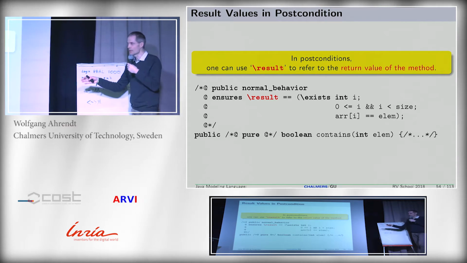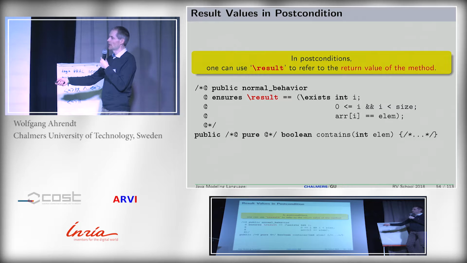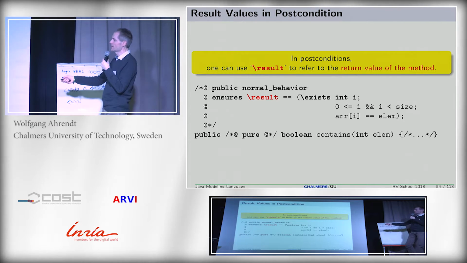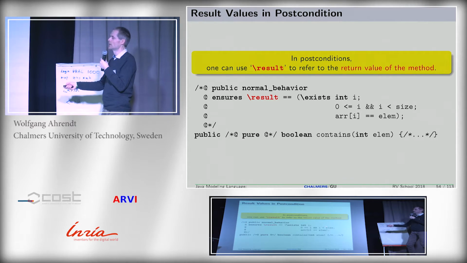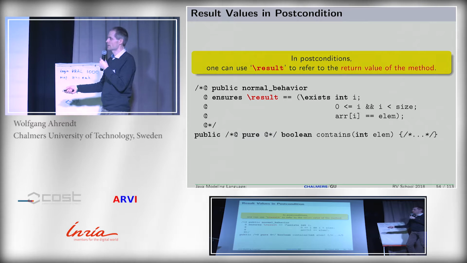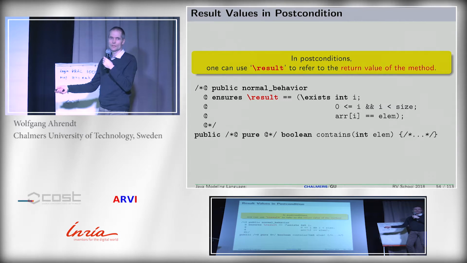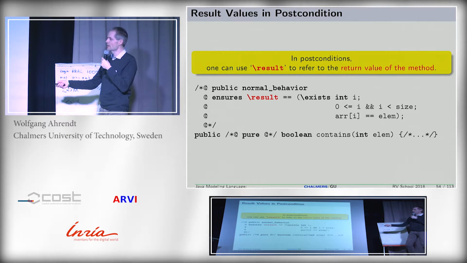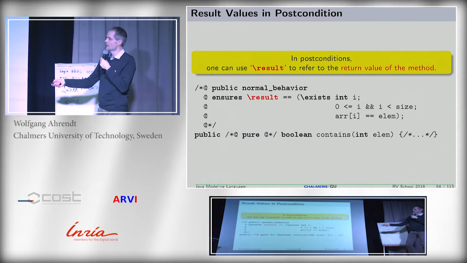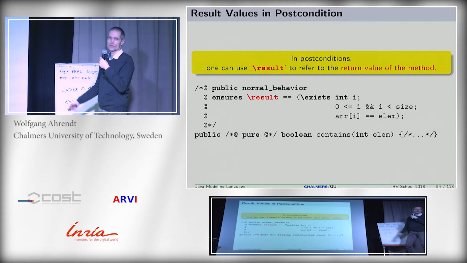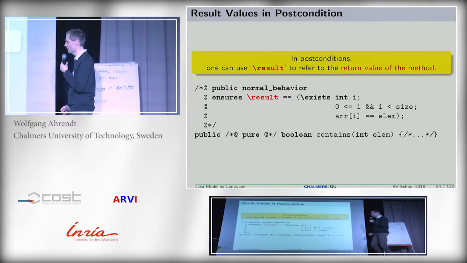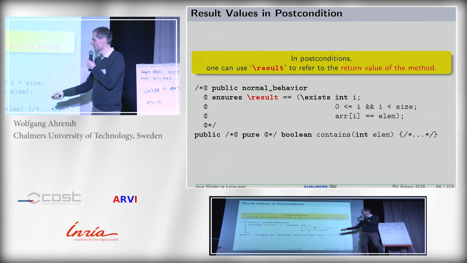This is a specification of a return value, a Boolean return value, and this here is also a Boolean which uses first order logic to express the Boolean condition, right? So here you see how we kind of mix Boolean types of Java with first order logic. Good. This is a specification of contains.